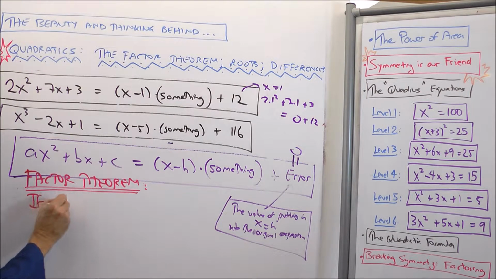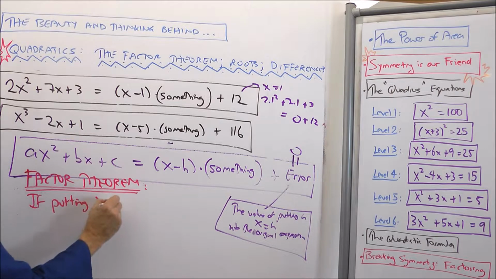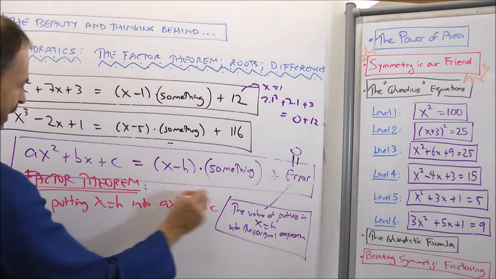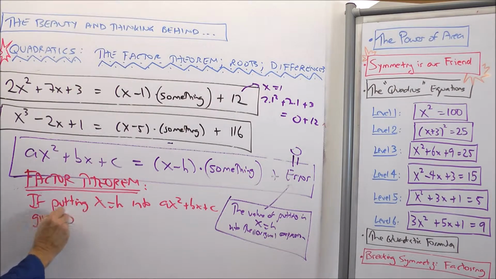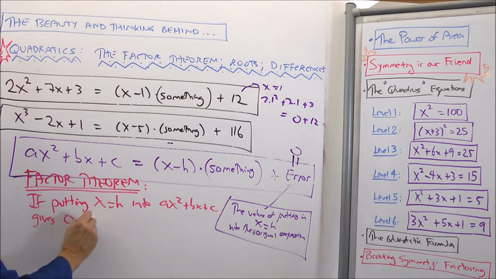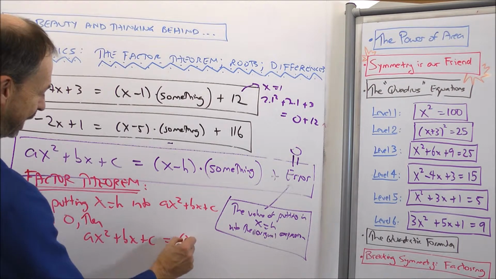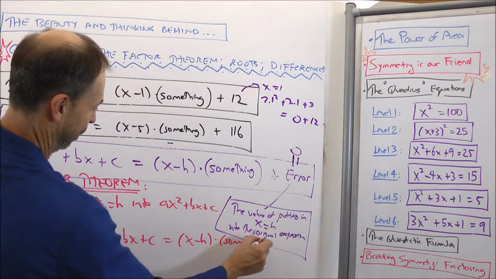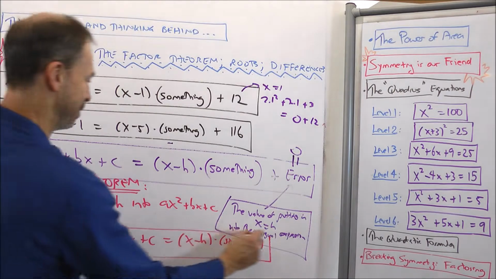If putting x equals h into ax squared plus bx plus c gives 0, that means it gives 0 error, then ax squared plus bx plus c is x minus h times something. On the nose, it is actually a multiple.